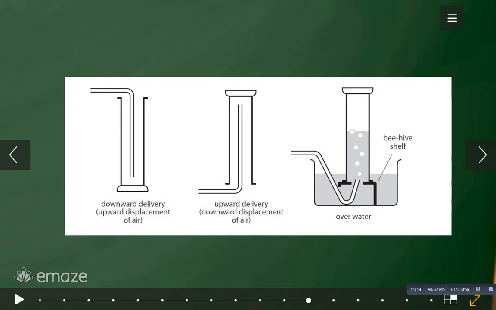Note that the drying agent used depends on the properties of the gas. For example, if the gas is acidic in nature, we use concentrated sulfuric acid. But what if the gas is alkaline? Well, then we don't use sulfuric acid because it will react with it due to the gas's alkaline nature.